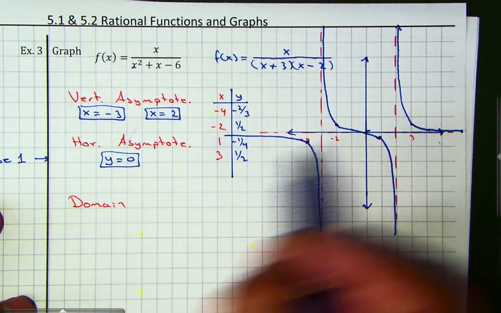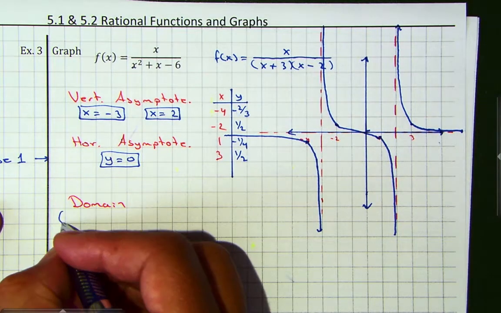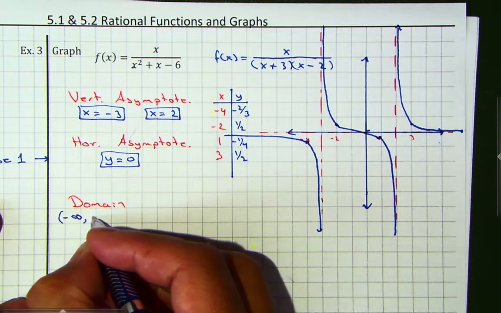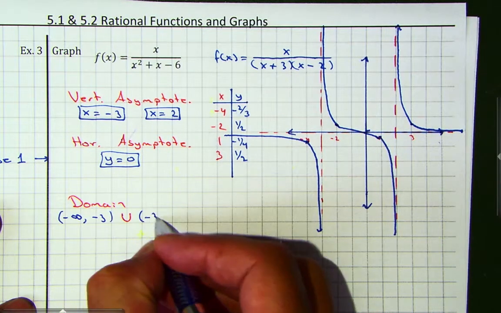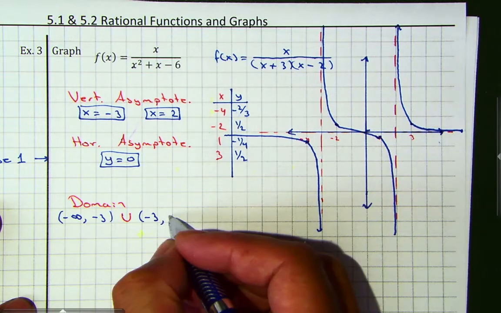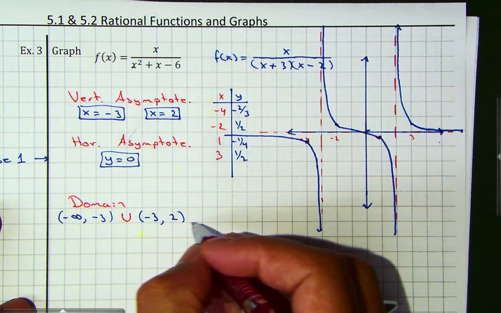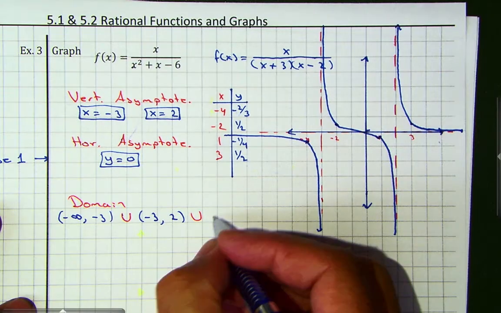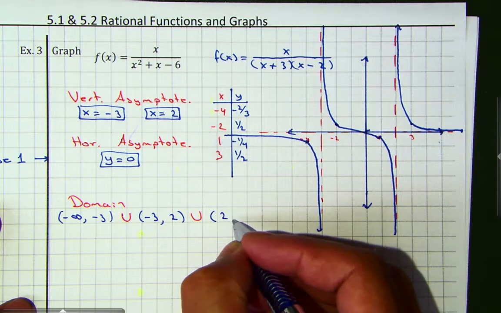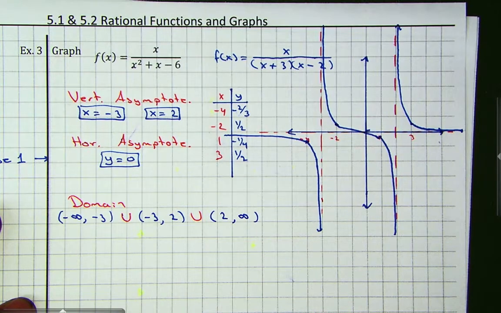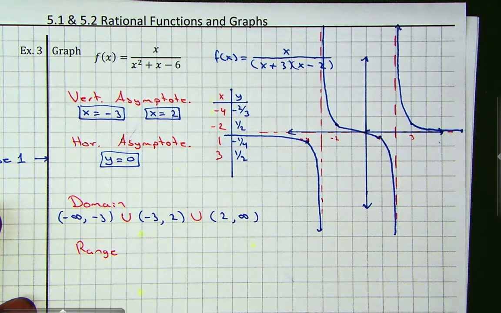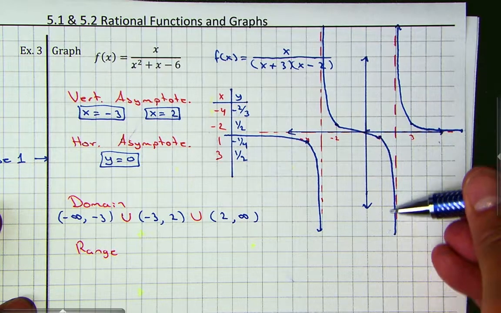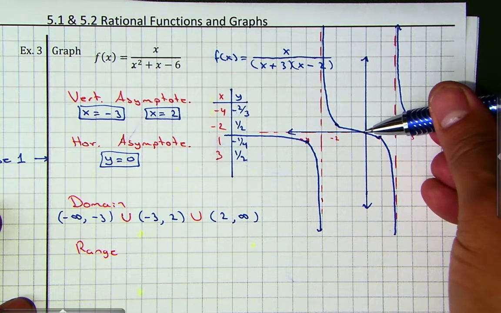So we're going to have three sections for your domain: from negative infinity all the way to -3, not including -3, union from -3 all the way to +2, not including +2, and from 2 all the way to positive infinity. And your range, in this case, will be all real numbers, because even at 0, we do get a value.